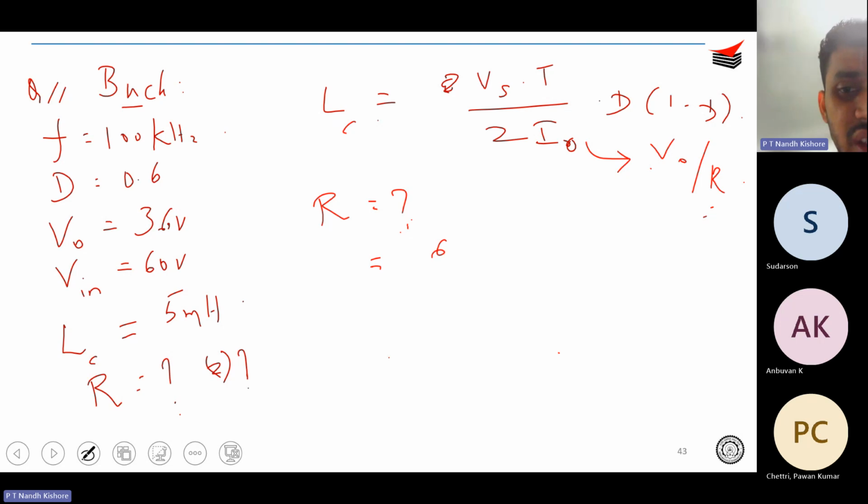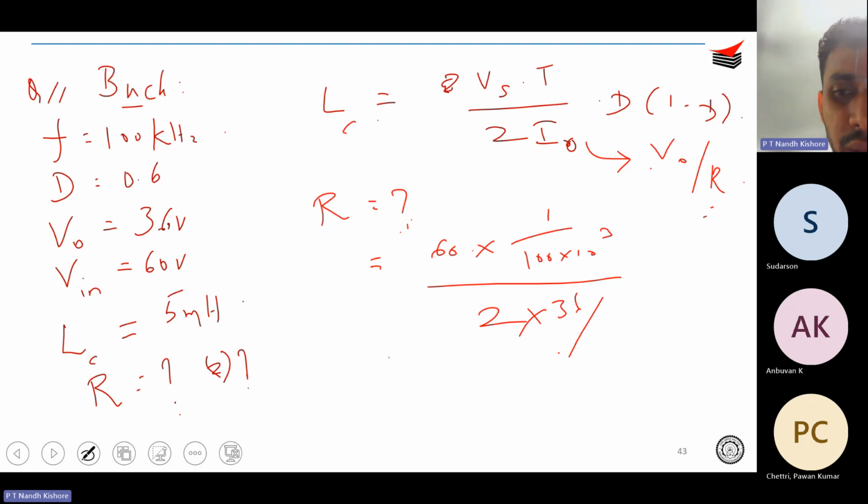Vs is 60 into T, or 1 by F, is 100K, so 100 into 10 power 3, divided by 2 into I naught, which is V naught by R, so 36 by R, into D into 1 minus D, 0.6 into 0.4, is equal to LC.